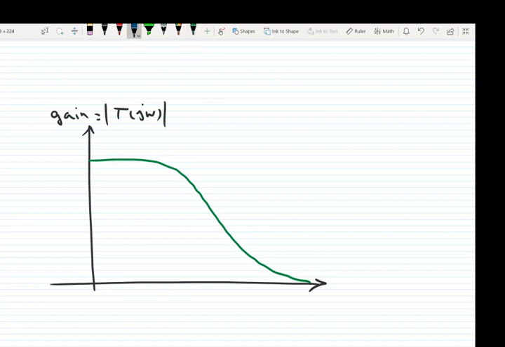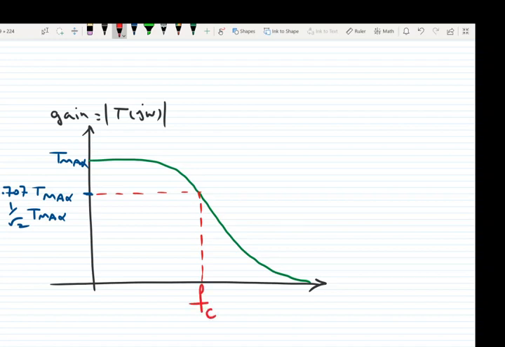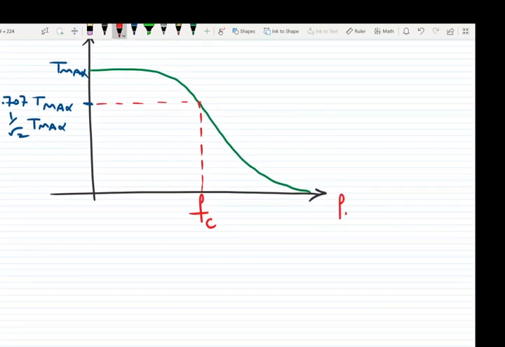If here is T max, and here is 0.707 of T max, or 1 over the square root of 2 times T max, we determine the frequency of this point and we call this one the cutoff frequency.